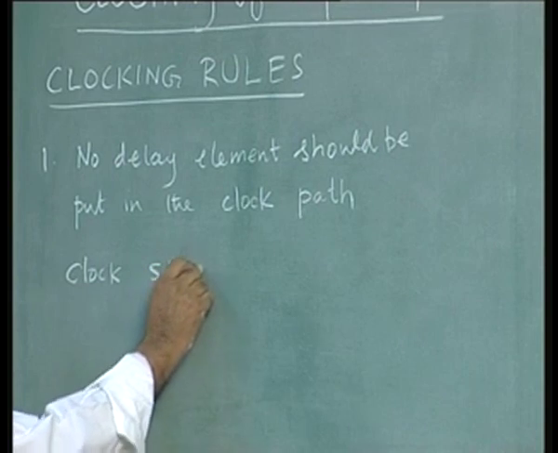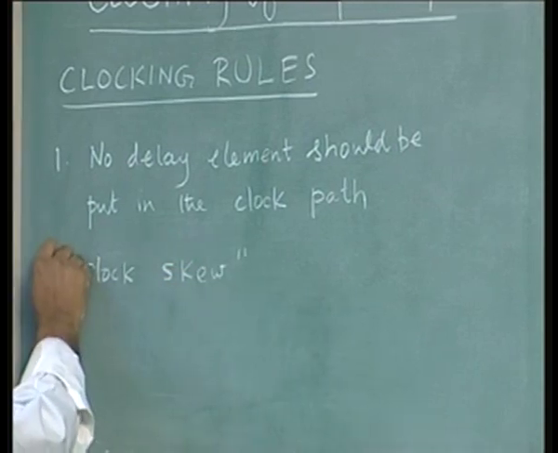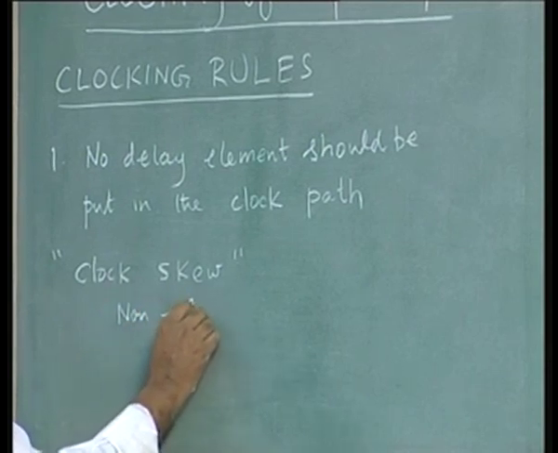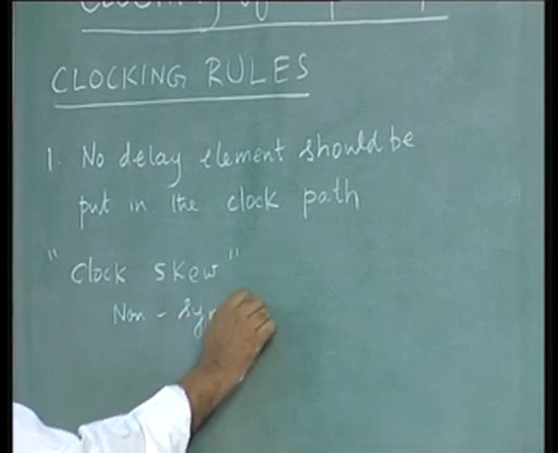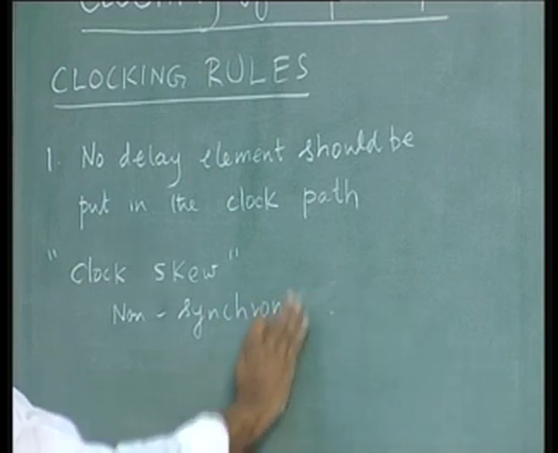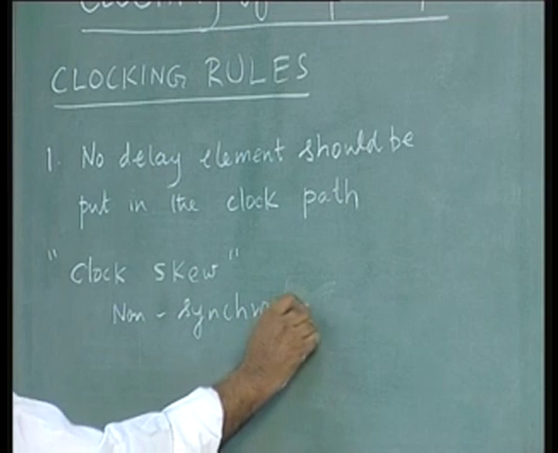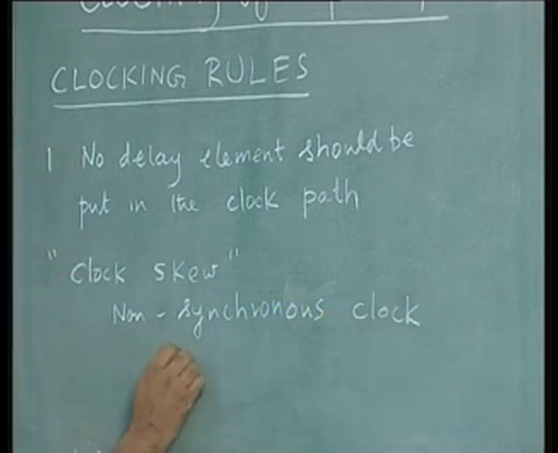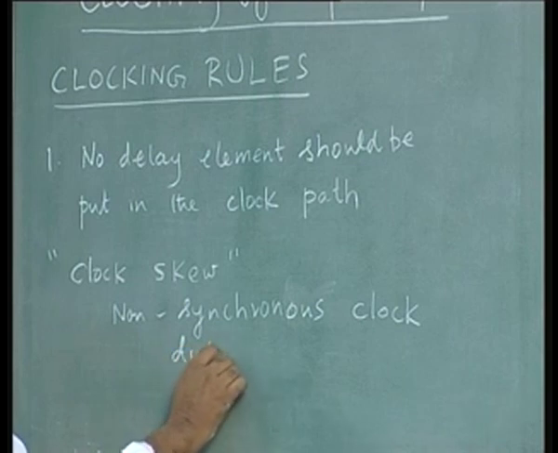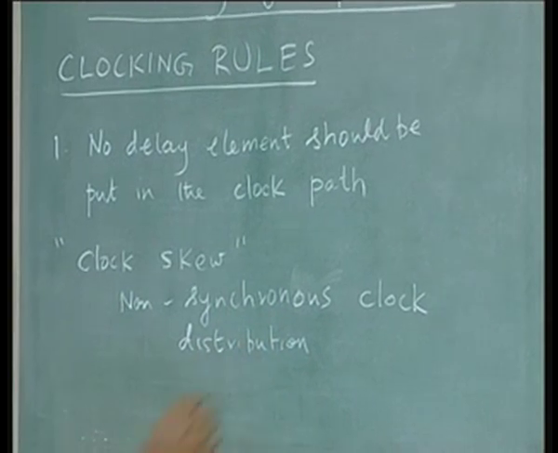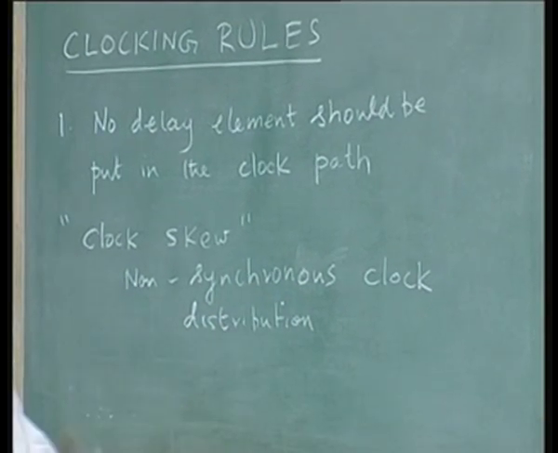Clock skew is a term which is used for non-uniform or non-synchronous distribution of clock. All the clocks should appear at the same time in all the modules.